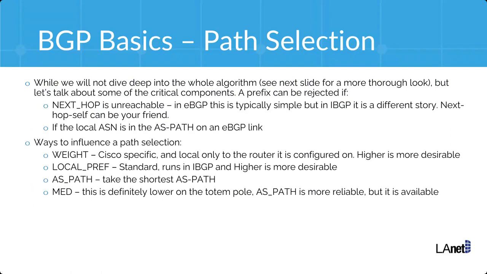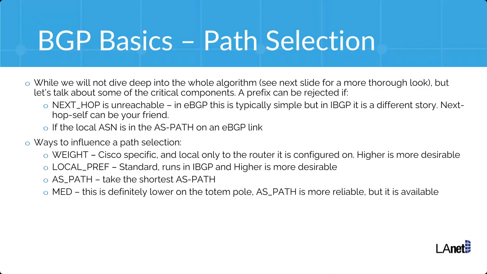So two types of loop avoidance there. Well, the AS path check is loop avoidance. The next hop is more of a reachability thing, and there's something called synchronization with the IGP.